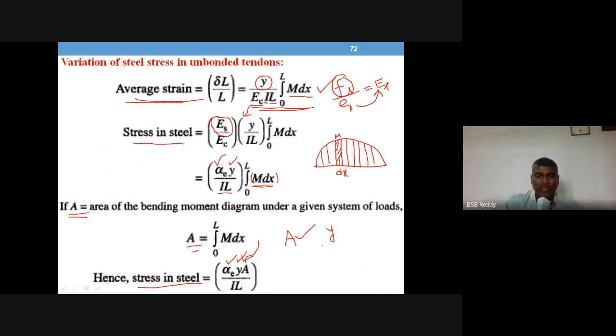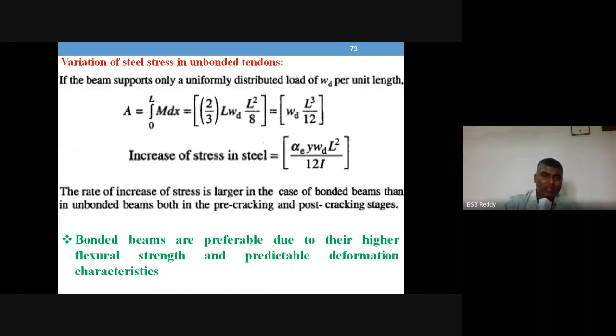Alpha is the modular ratio, alpha suffix e, equivalent in the sense. Capital I is the moment of inertia, L is the span of the beam. So this is how we are able to find it.